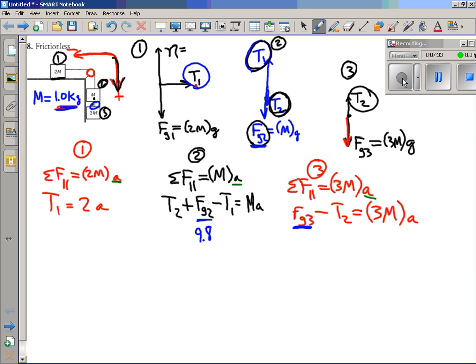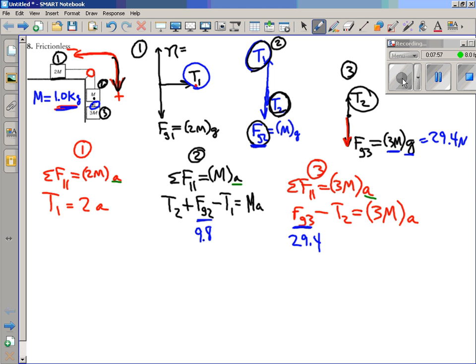And similarly, force of gravity on object 3 is 3 times m. m is 1. So 3 kilograms times 9.8 meters per second squared. And for that, we get 29.4 newtons. And so I can plug in 29.4 newtons there.